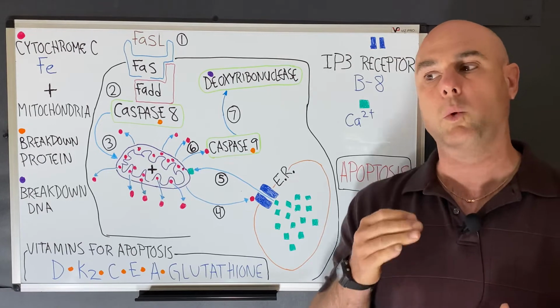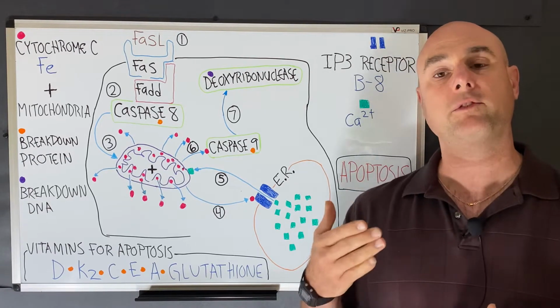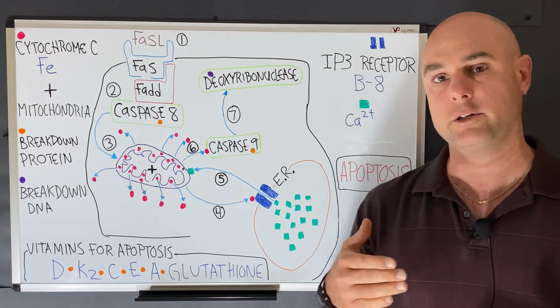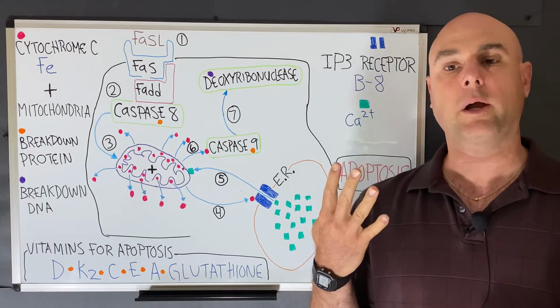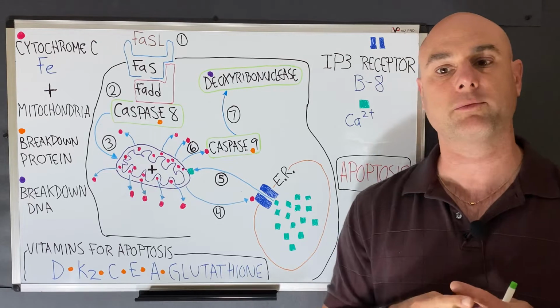So that is one way that our bodies initiate this process of cell death, when we're in development and we're shaping and molding our tissues and organs. It also helps remove the webbing between our fingers and toes.